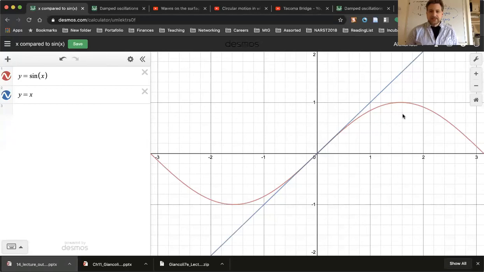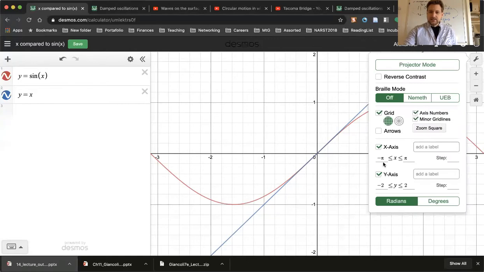So yeah, but I'm looking at the middle of the graph here, and in the middle of the graph, they do actually look really similar. So what if I restrict the size of the x-axis? And again, let's do this in radians.